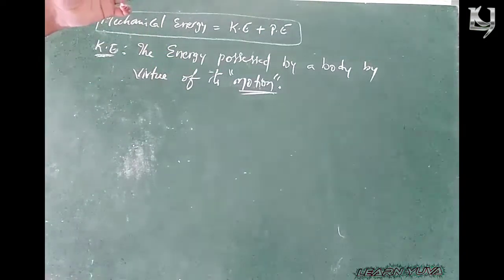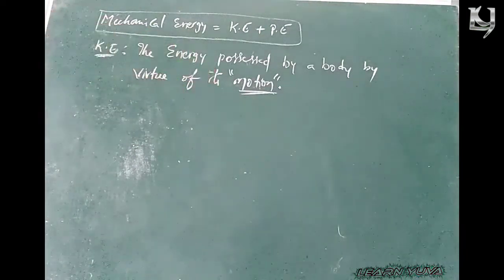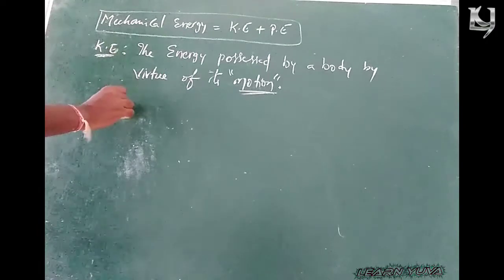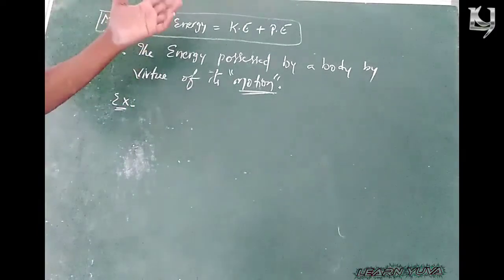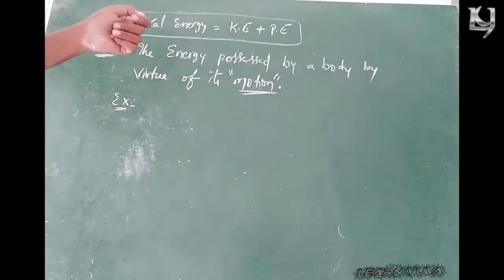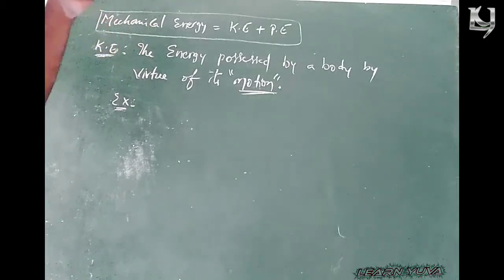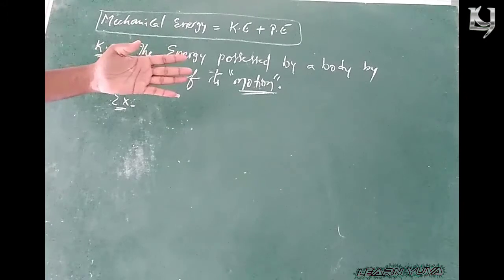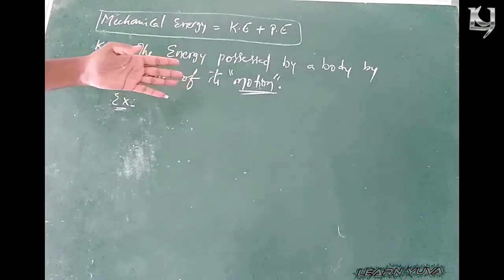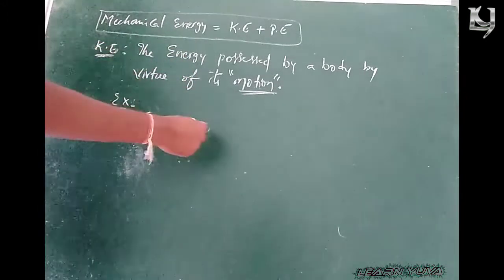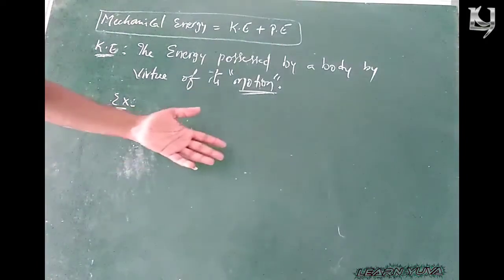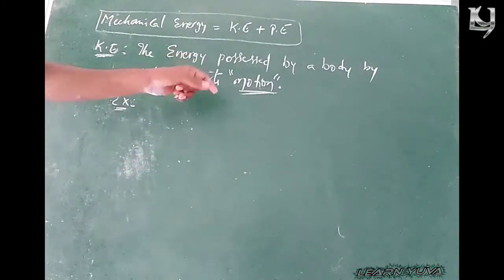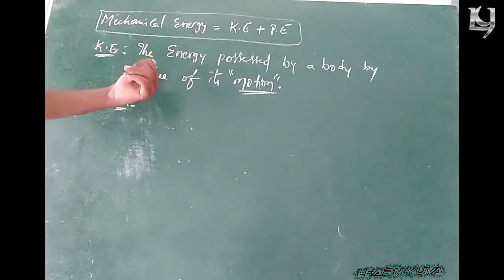Clear? So there are so many examples. If you want to drive a nail into the wall, you must hit it with a hammer. A moving hammer drives a nail into that wall. That is due to kinetic energy. Right? A moving bullet can penetrate through the wall or some object, so that moving bullet possesses kinetic energy.